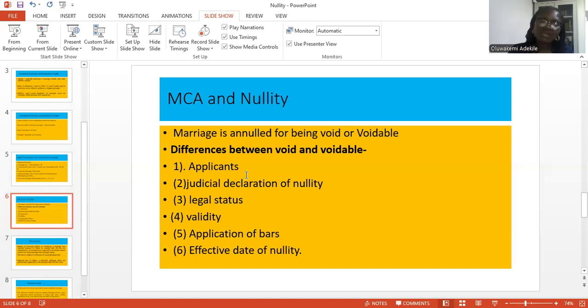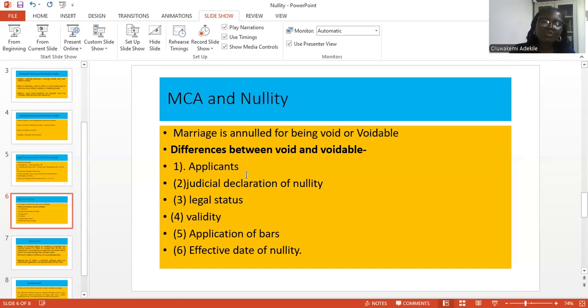But in a voidable marriage, even though the fact that the marriage is voidable has been established, the court may still bar the applicant from bringing and successfully having the marriage annulled, due to some conditions that the law regards as almost like a fault. Even though we talk about no fault divorce under the law now, it is almost like a fault.